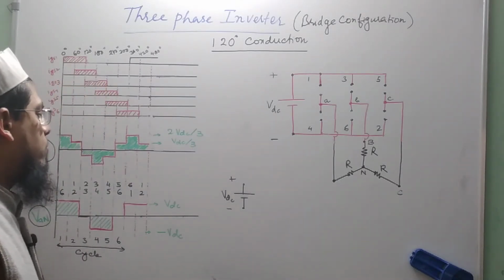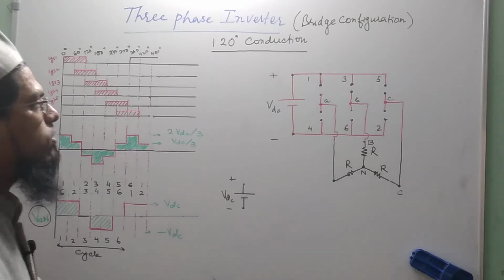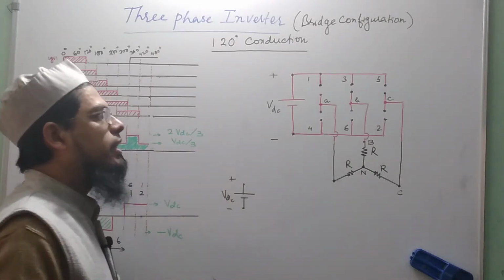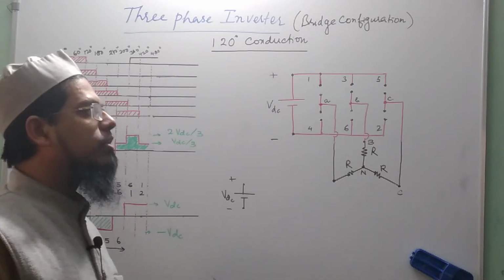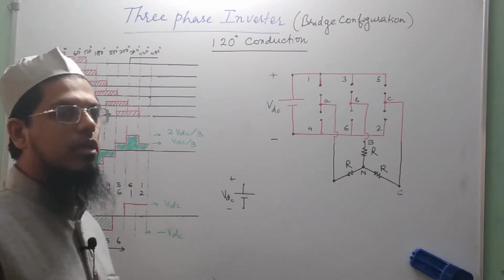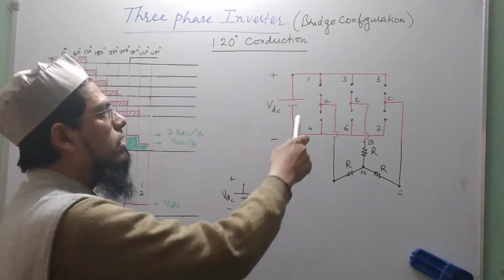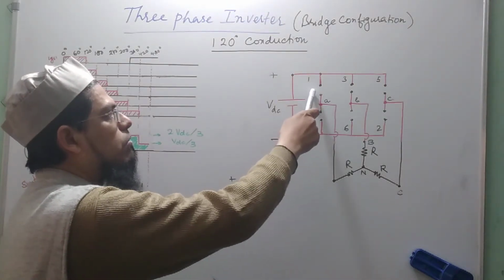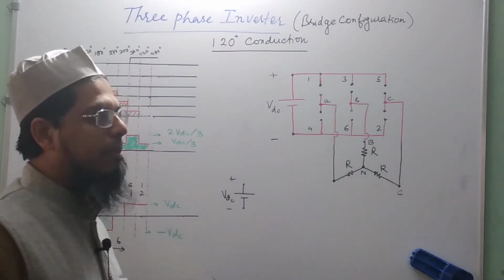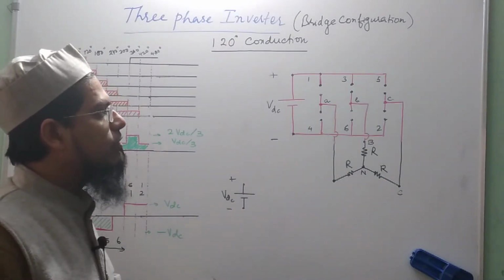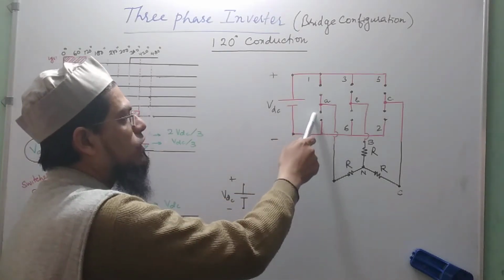In order to avoid this, we generally employ some small amount of dead time in firing the switch, for example in a transition from switch 1 to switch 4.